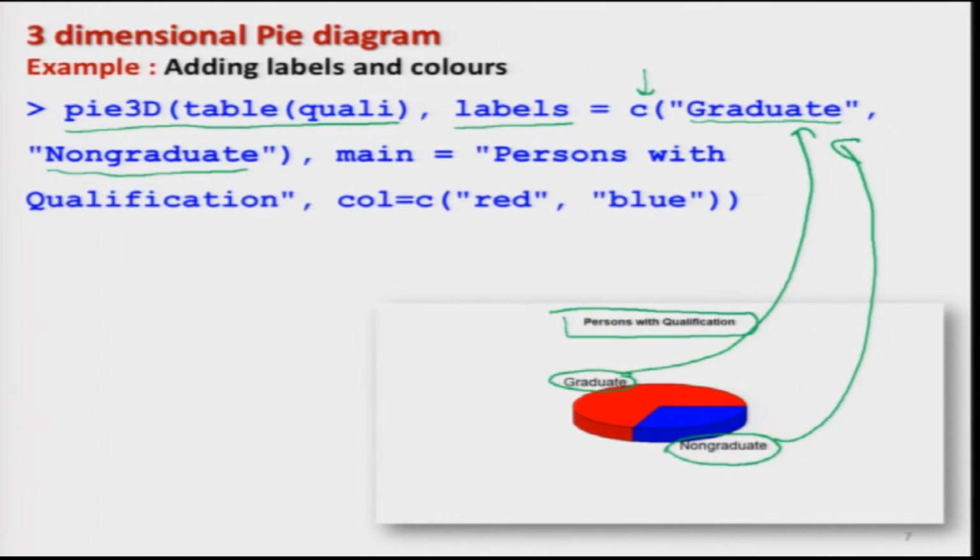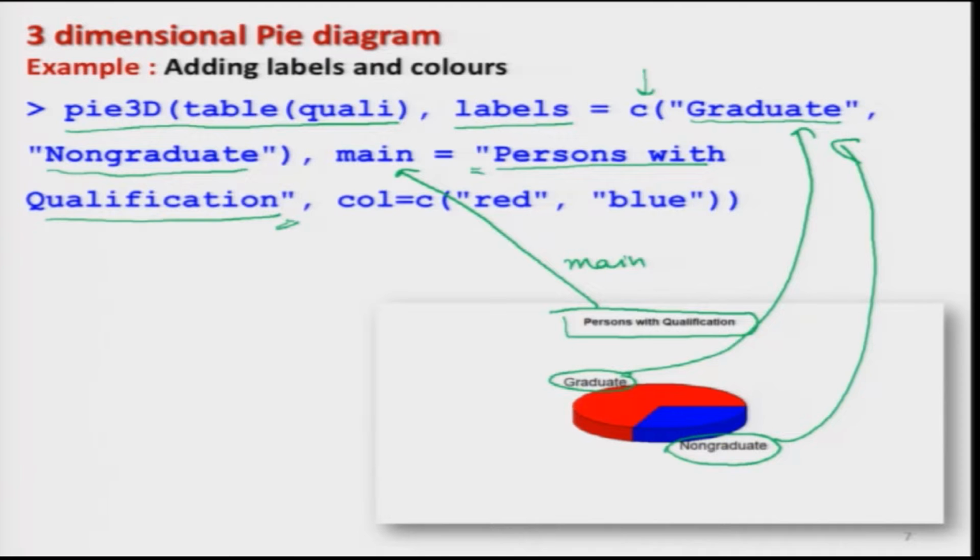Similarly, if you want to give a title, it is given by the parameter main. So I have to write main is equal to, and inside the double quotes I write whatever title I would like to have.